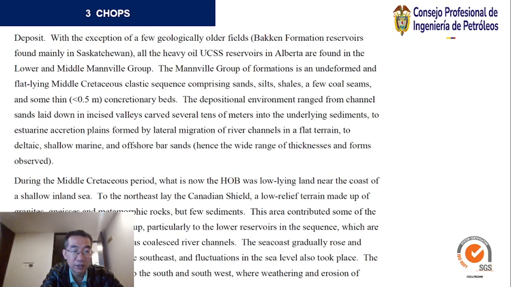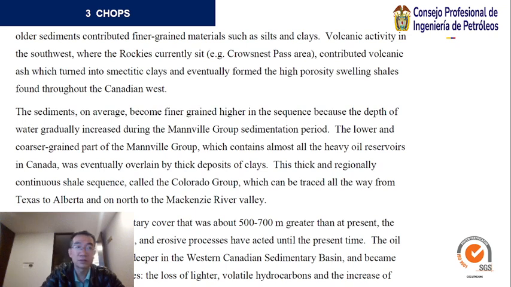The major sediment source shifted to the south and southwest, where weathering and erosion of older sediments contributed finer grained materials such as silts and clays.